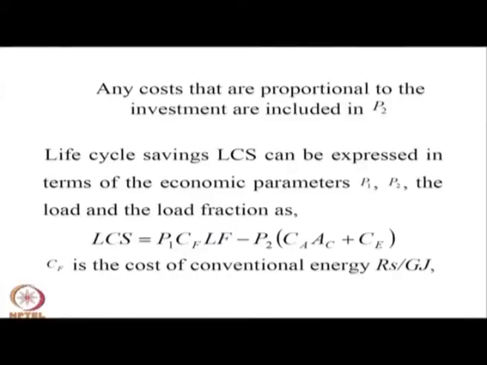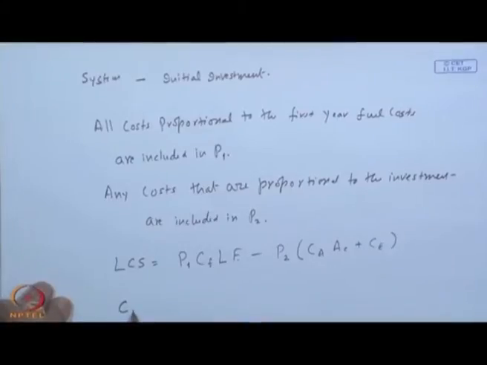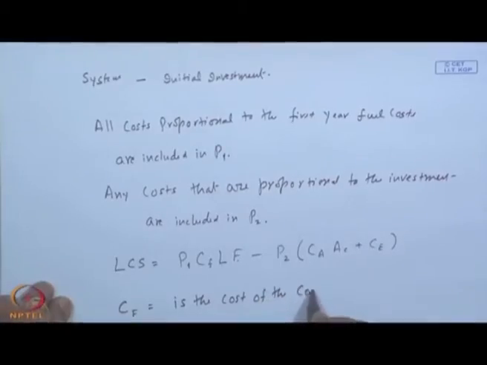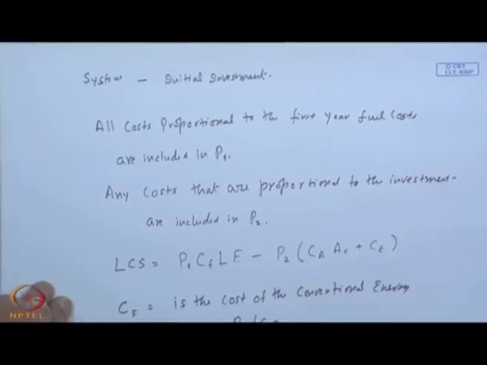And CF is the cost of the conventional energy, which could be Rs per gigajoule.